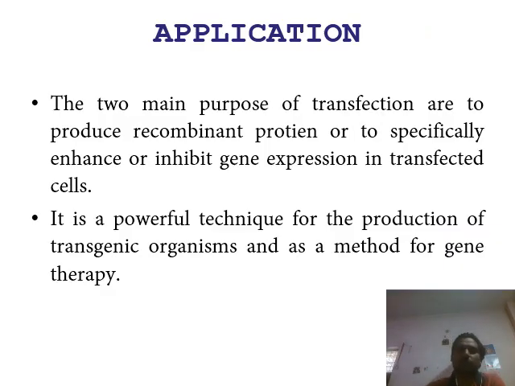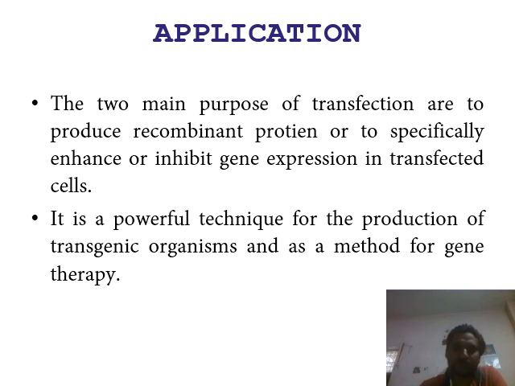Now we come to the applications of DNA transfection. DNA transfection has many applications. As I earlier mentioned, by this we can produce recombinant protein in a specific type of cells. Let's suppose I want to express a type of protein. First of all, I will clone the particular gene that is going to express that protein in a cloning vector.